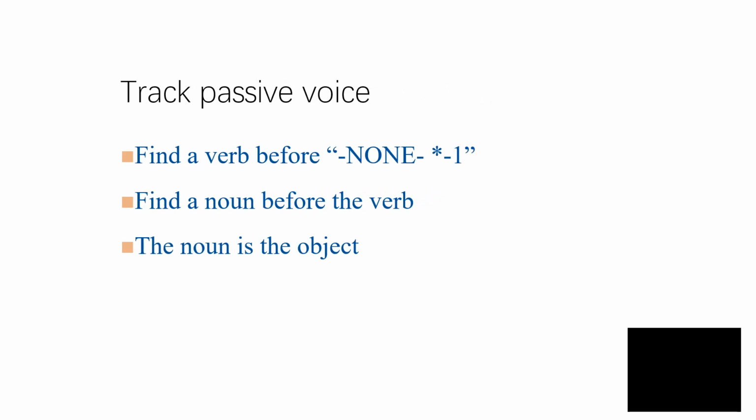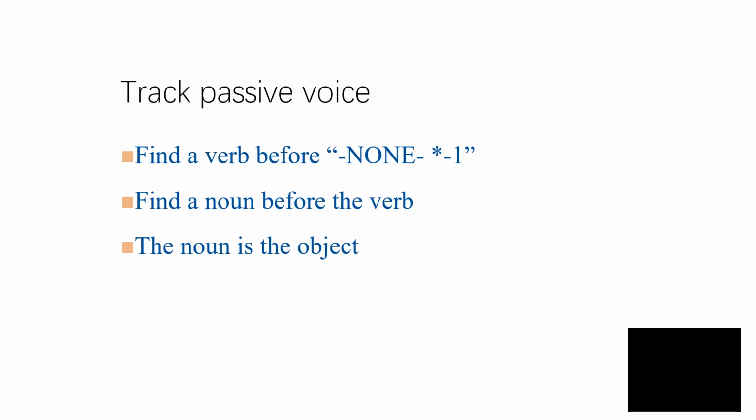And now I will introduce a little about tracking the passive voice. Sometimes we have a passive voice in a sentence, and usually the object of a verb appears after this verb, but for passive voice, this object appears before the verb.